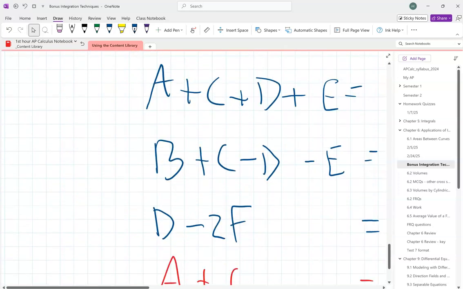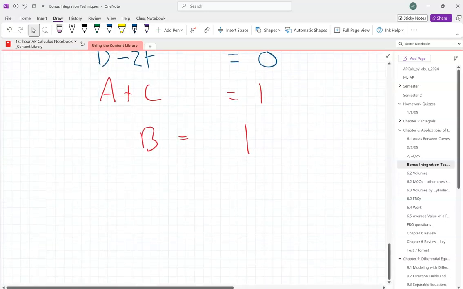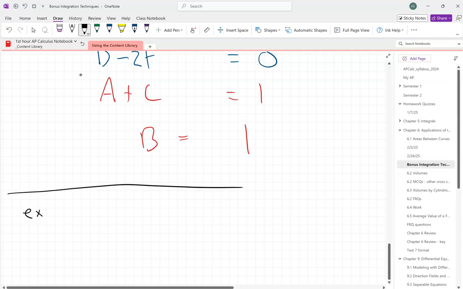So we've just been circling back to these integration techniques.